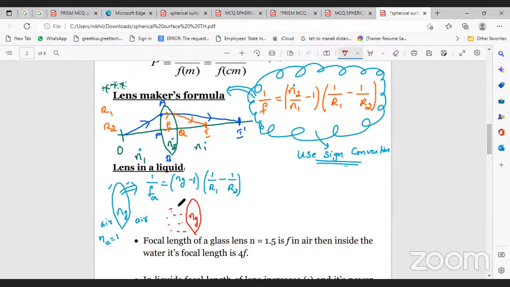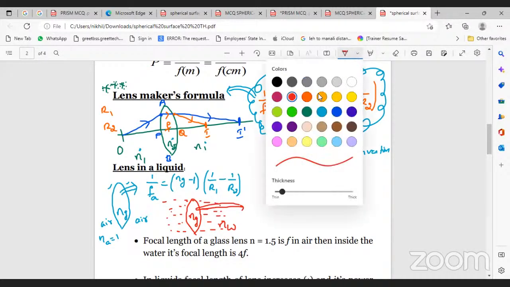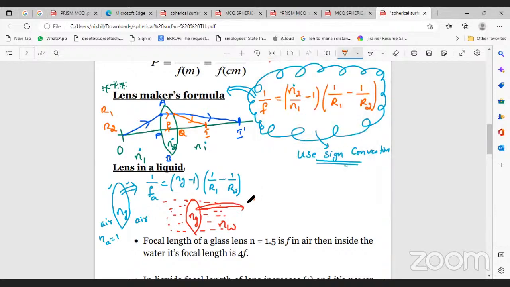Now I am going to place this lens in a water medium. Can you tell me the lens maker's formula for this? So 1 by F is equal to.